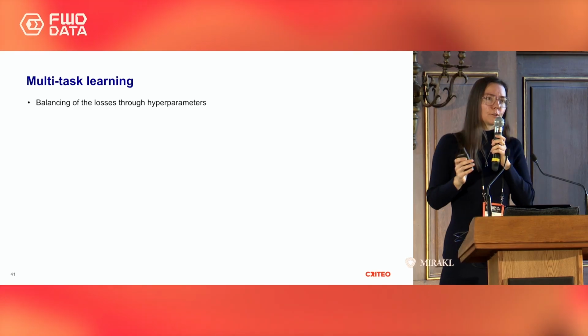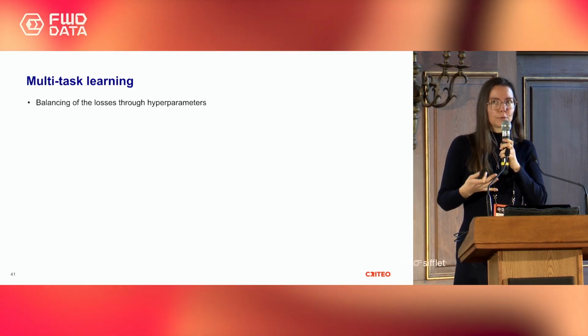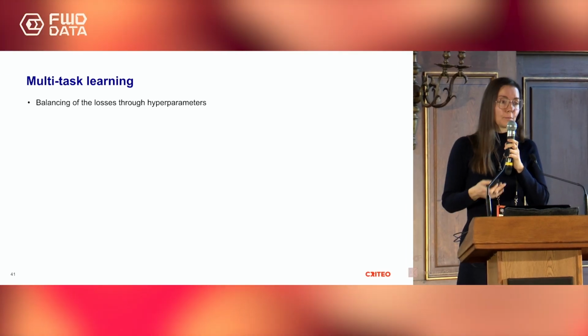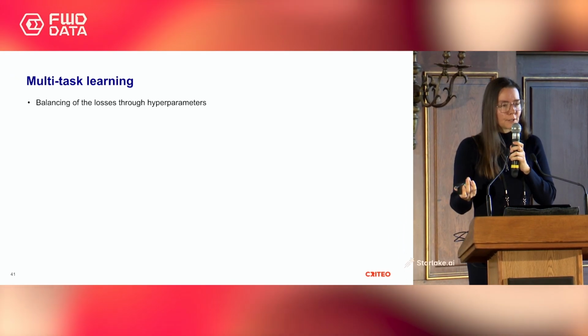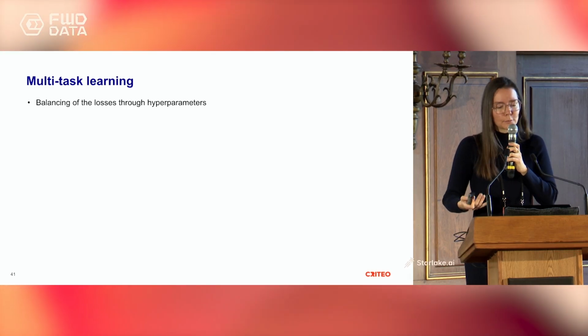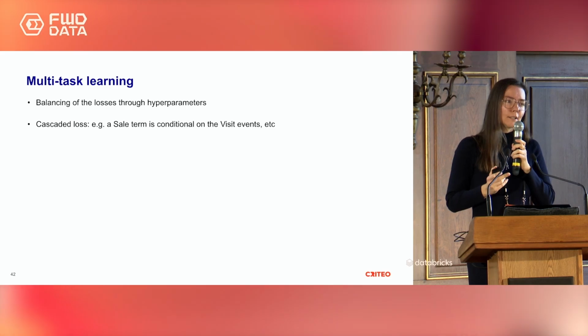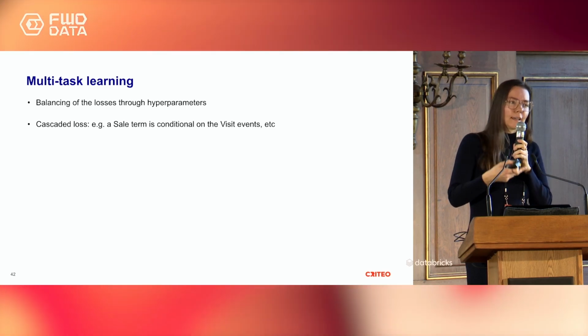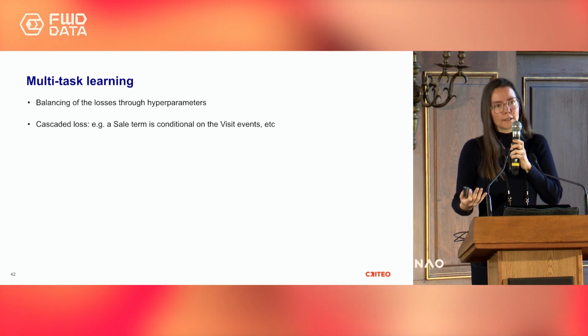Now, your loss is going to be composite, made up of terms corresponding to each of the different tasks, and you can balance the losses using the weights inside the loss. That's pretty straightforward. It just means that you have more hyperparameters to tune. Also, your loss is cascaded because, of course, you cannot have a sale unless you had a visit, and you cannot have a visit unless you had a click.